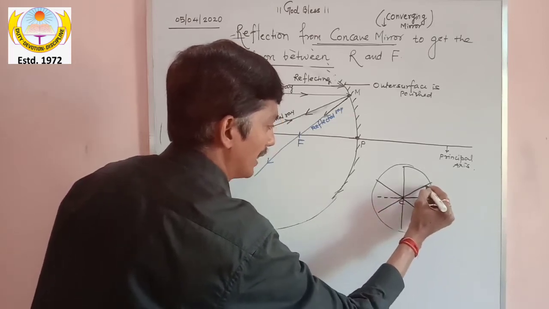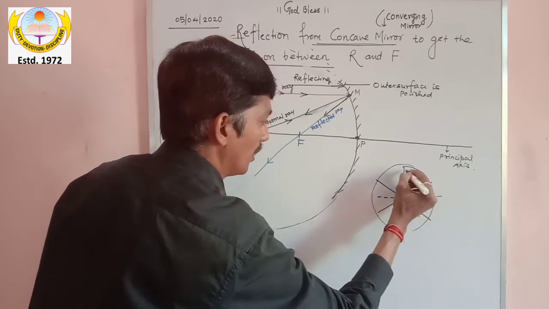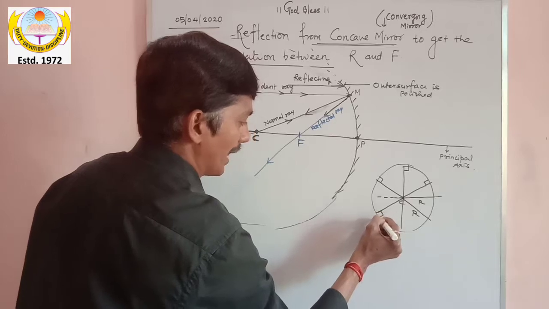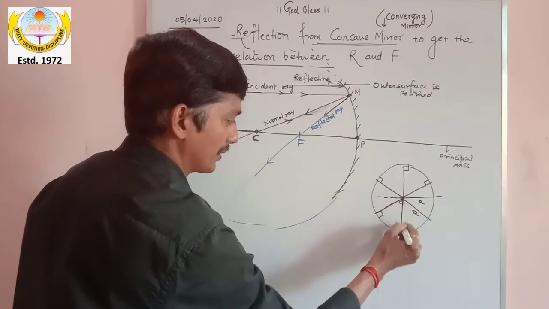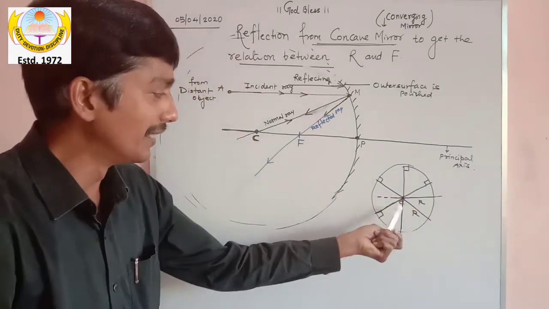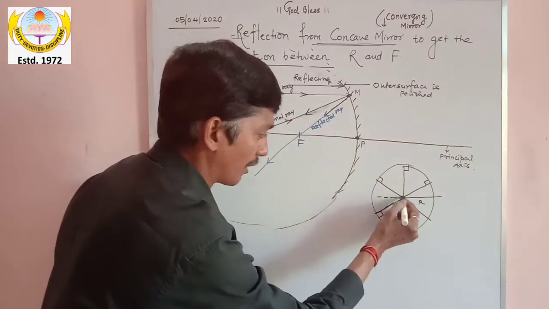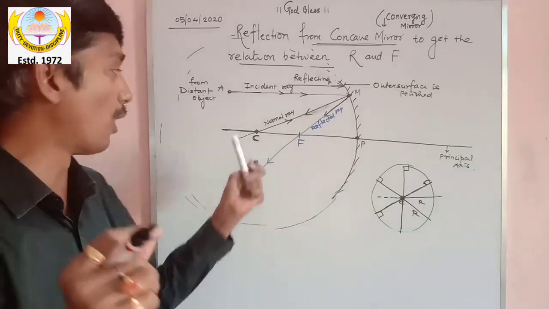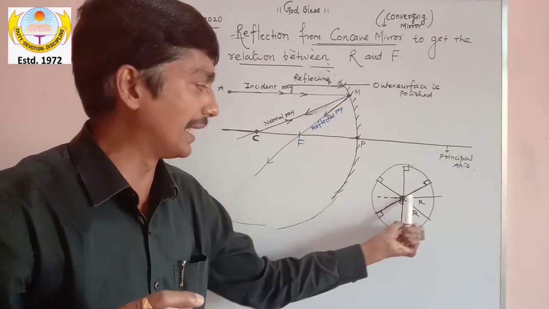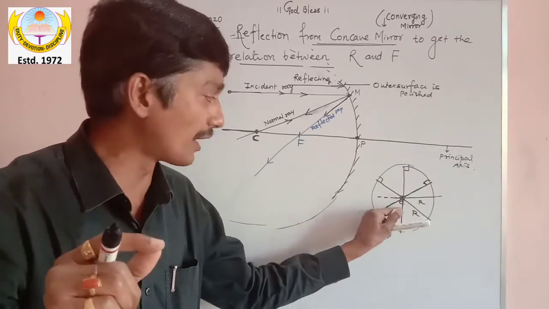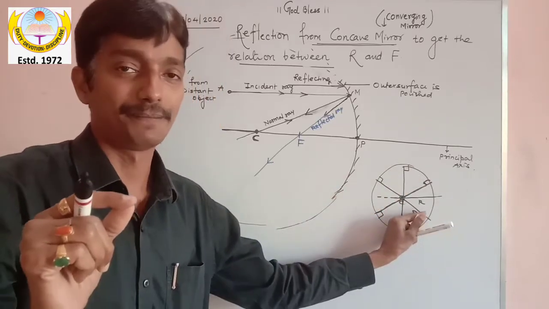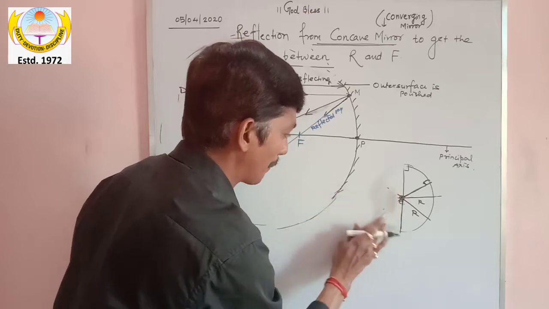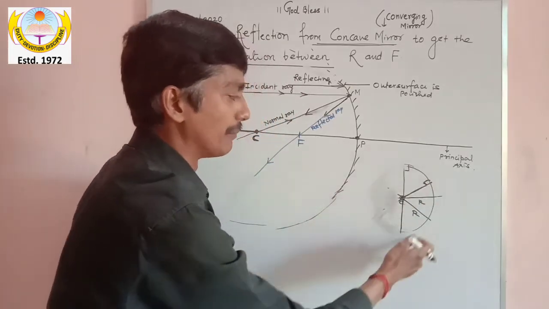And you must be knowing, sir, the radius always falls perpendicular to the surface. The radius is always normal to the surface. And this is the reason why, my dear, the lines which pass through the center of curvature are taken as the normal, because the center of curvature is actually the center of a sphere of which the mirror is a part. Now you can see, एक पहले sphere I have drawn, now it becomes a mirror.